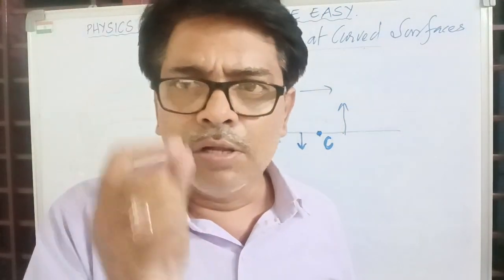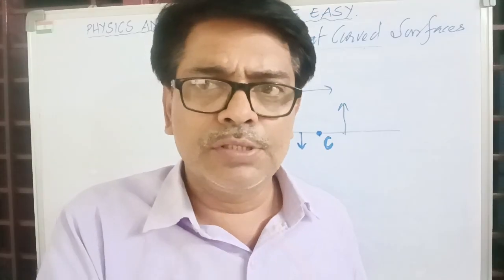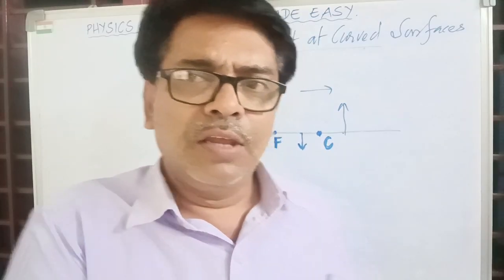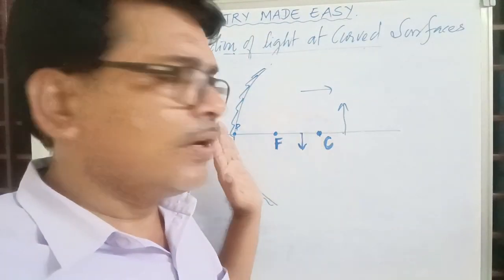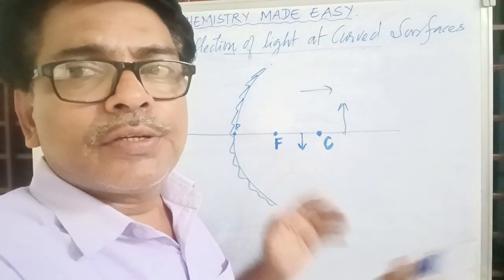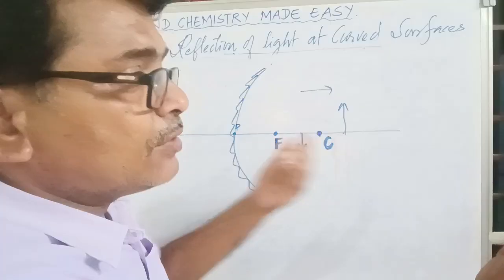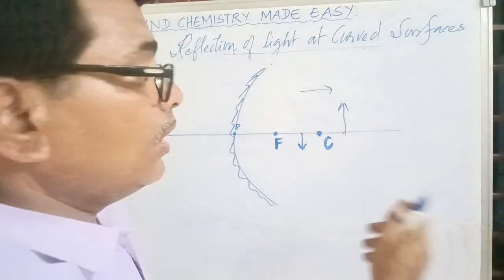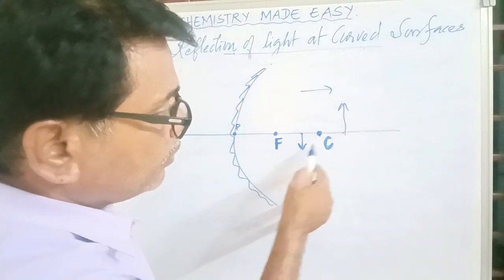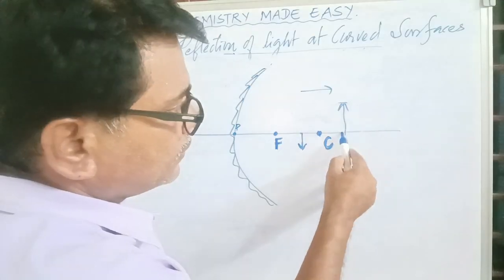What confusion is there? If the object is on C, you will get the image on C. If the object is moving towards left, the image will move towards right. If the object is moving towards right, the image will move towards left. If the image is moving towards left, it will be smaller than the object size.